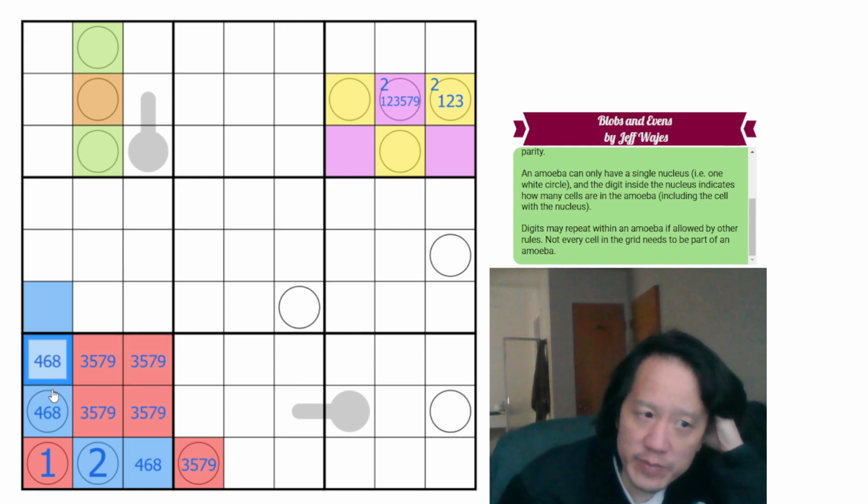What else do we know about this? This has to contain at least 4. It could go here and then go here. That's possible. Or go here and here and then continue on. Or just continue here this way. So either of these works.